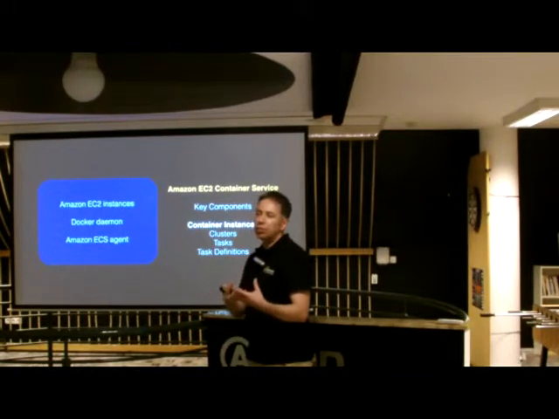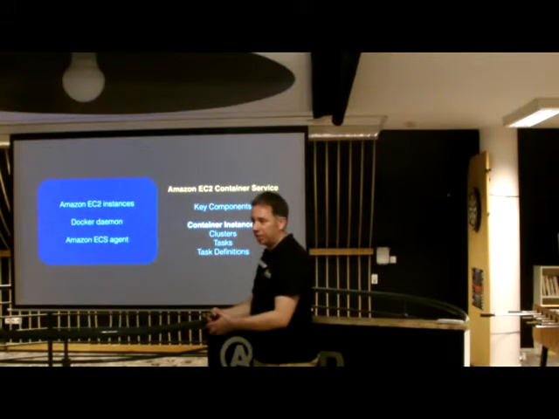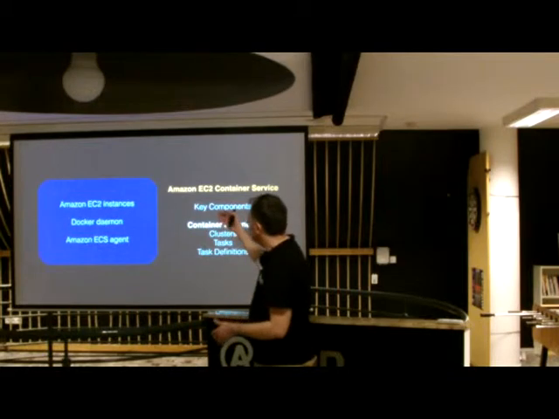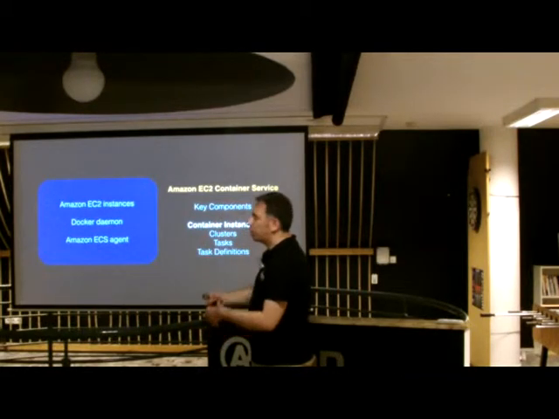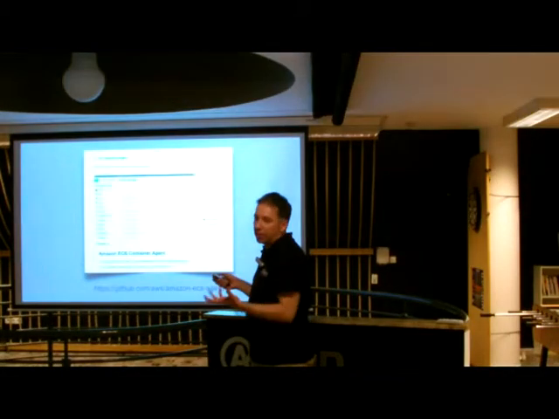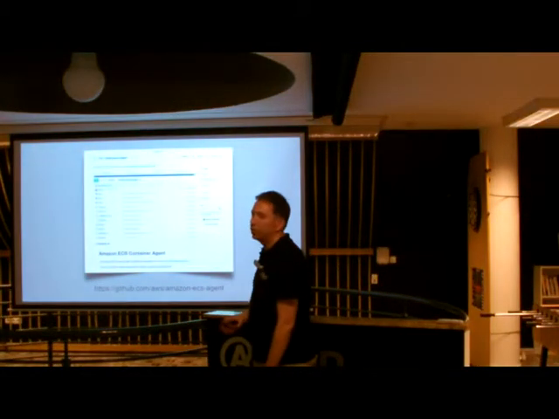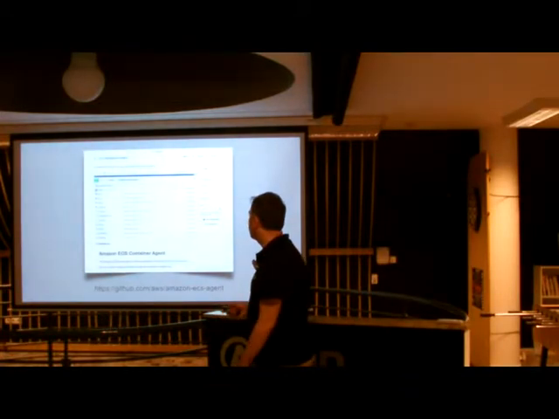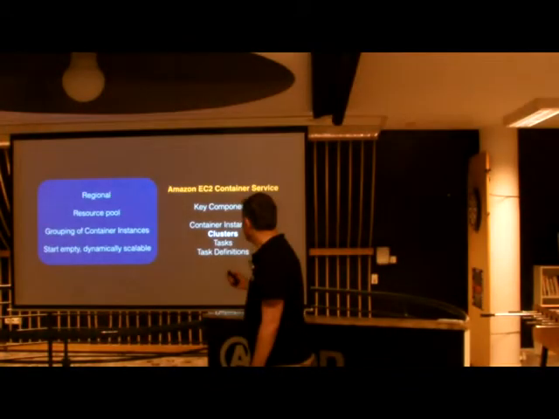These are the EC2 instances that we will use to deploy and use Docker containers. These are plain EC2 instances with the Docker daemon and the Amazon ECS agent running inside. The Amazon ECS agent is a Docker container itself, and it's open source on GitHub, so everybody can look at it and improve it.